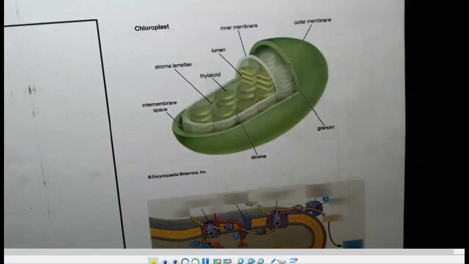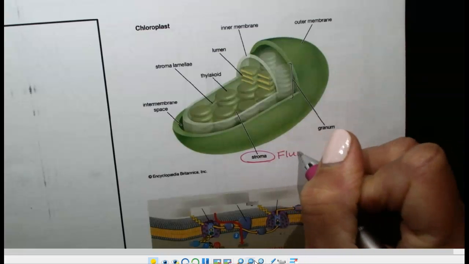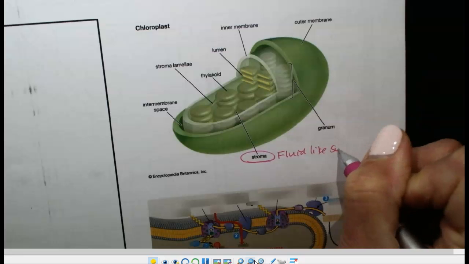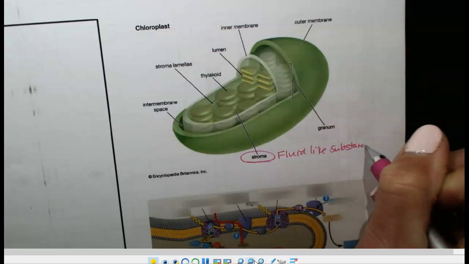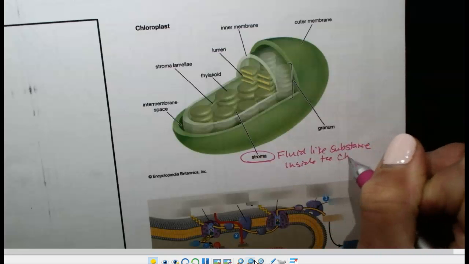This guy's the chloroplast. This is where everything happens, actually, okay? This right here, the stroma, this is the fluid-like substance inside the chloroplast.